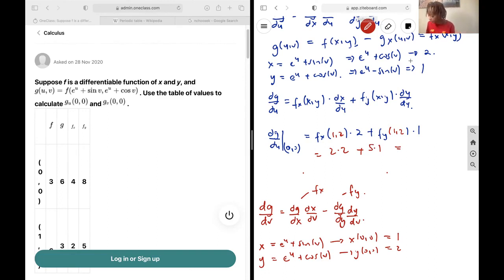Let me just ensure everything else is okay. This evaluated at (0, 0) is going to give us 2, and this is going to give us 1. And so this should give us a final answer of 9.